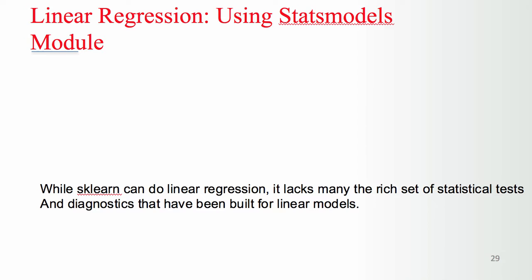Or if you're learning stats yourself and you want to look into those model diagnostic tools, they would not be available in scikit-learn. That's why I'm introducing the Statsmodels module for you, so it can give you more statistical flavor and statistics about the model.